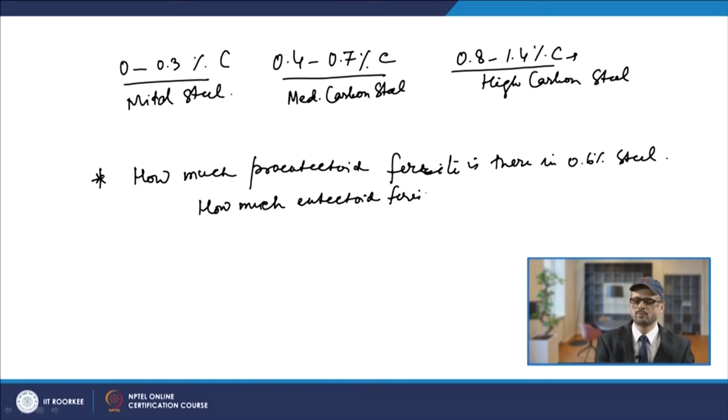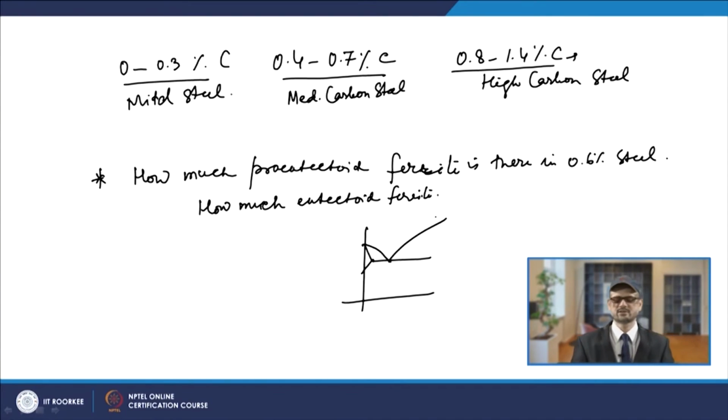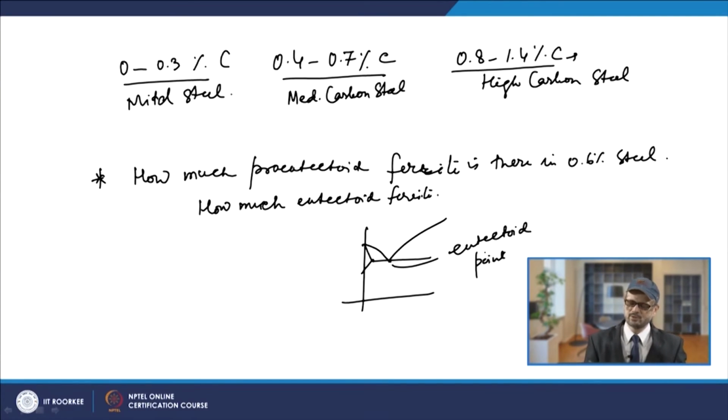So, you will draw the iron carbon phase diagram, and you know this is how the reaction is for the eutectoid reaction. This is your eutectoid point.